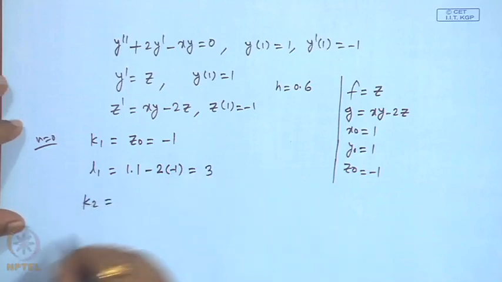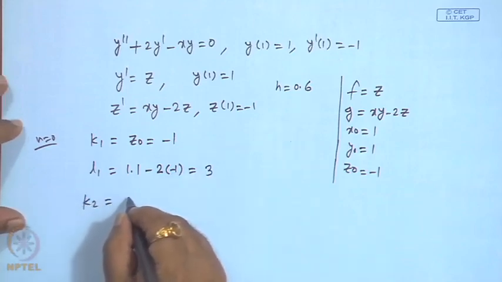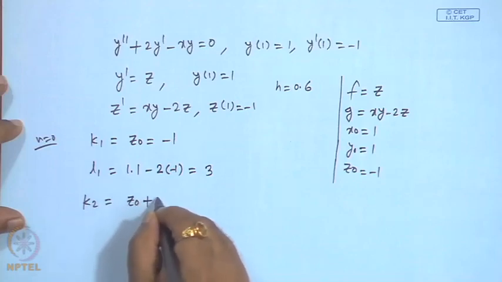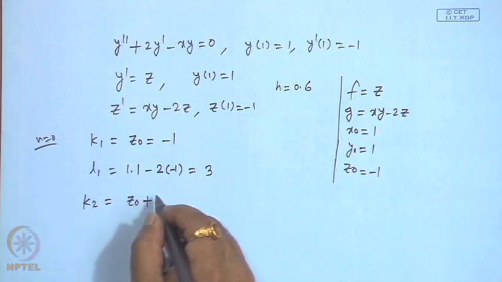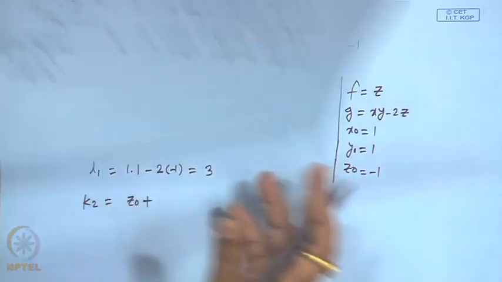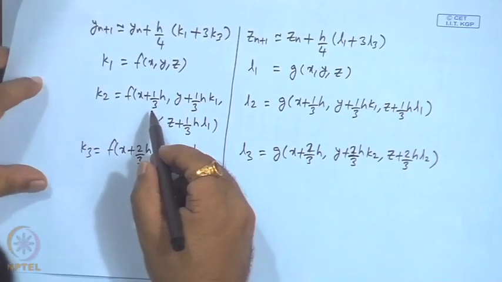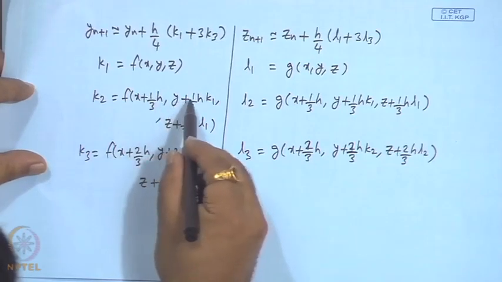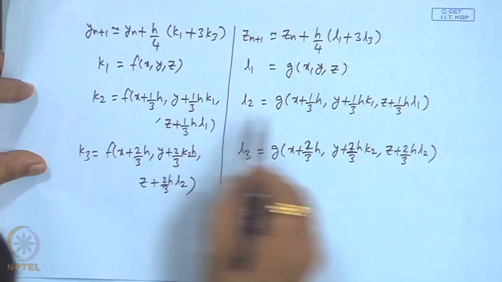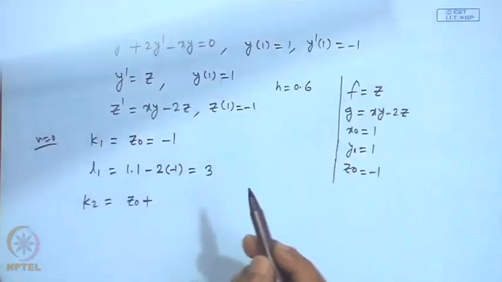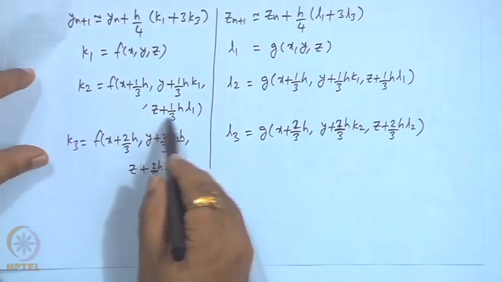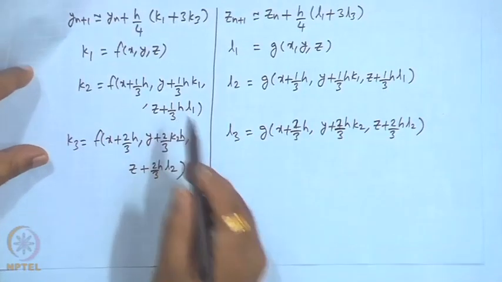Then k 2 is z 0 plus, see, look, k 2 was defined as f of x y z dependency like this, but for the given case, since f is only z, we get z plus 1 by 3 L 1.